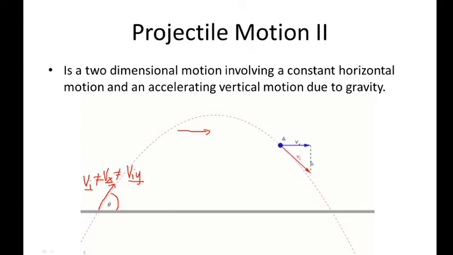Again, the velocity in the x is still constant. So as the object moves upward, its velocity in the y decreases until it stops right there, or its velocity in the y is 0, and then as it moves downward, its velocity in the y increases by 9.8 meters per second squared.